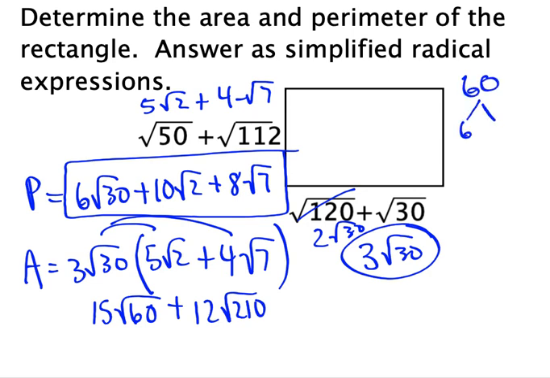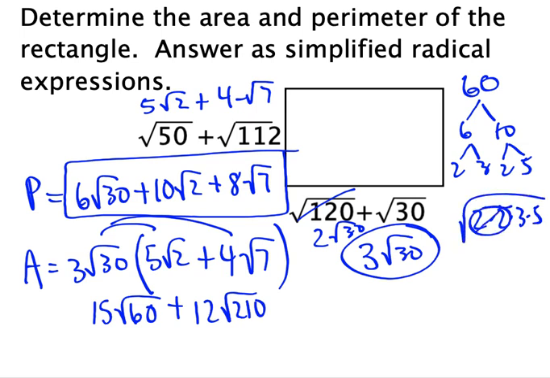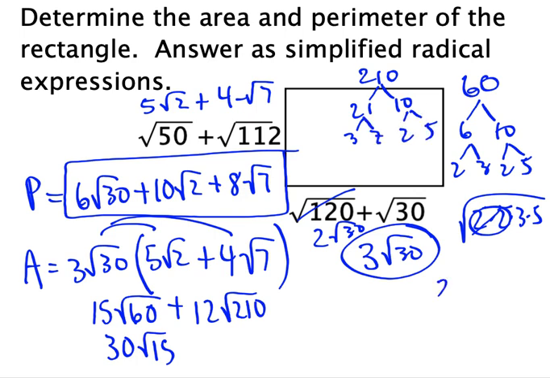Now 60 is 6 times 10, 2 times 3, 2 times 5, 2 times 2 times 3 times 5. We can actually pull out a 2. So the 2 that we pull out goes with the 15 that's there, and left inside is the 3 times 5, 15. Now 210 is 21 times 10. 21 is 3 times 7, and 2 times 5 is the 10. 2 times 3 times 5 times 7.